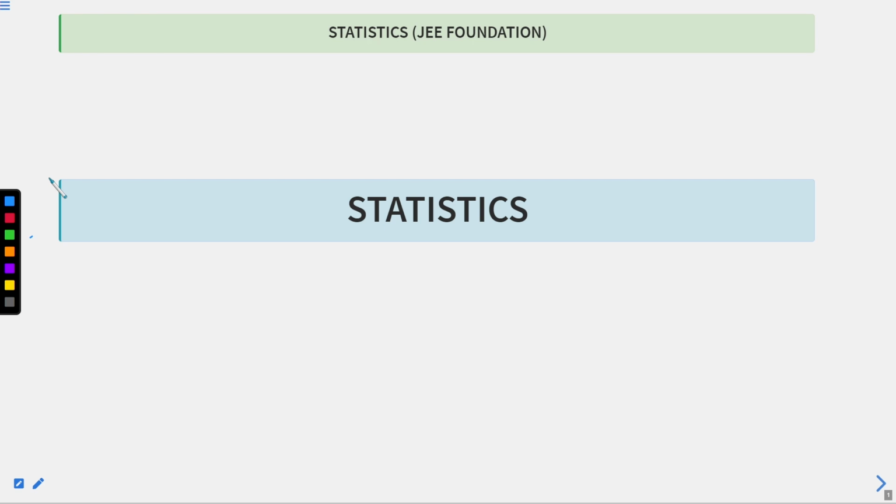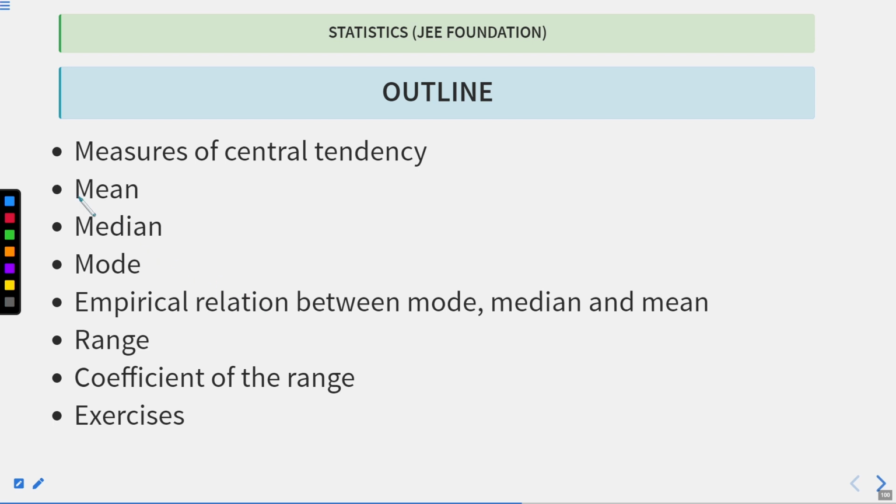In the previous class, if you recall, we talked about mean and median. In mean we saw the properties, the usage, and also did exercises and some examples.